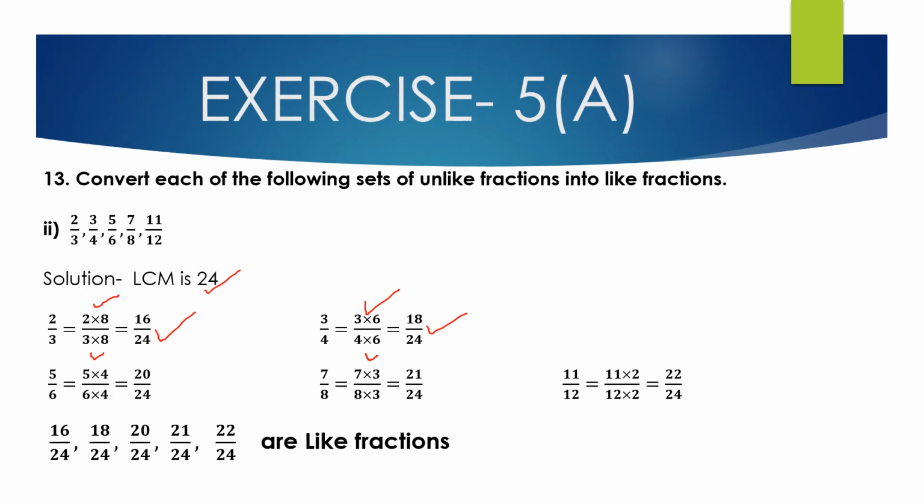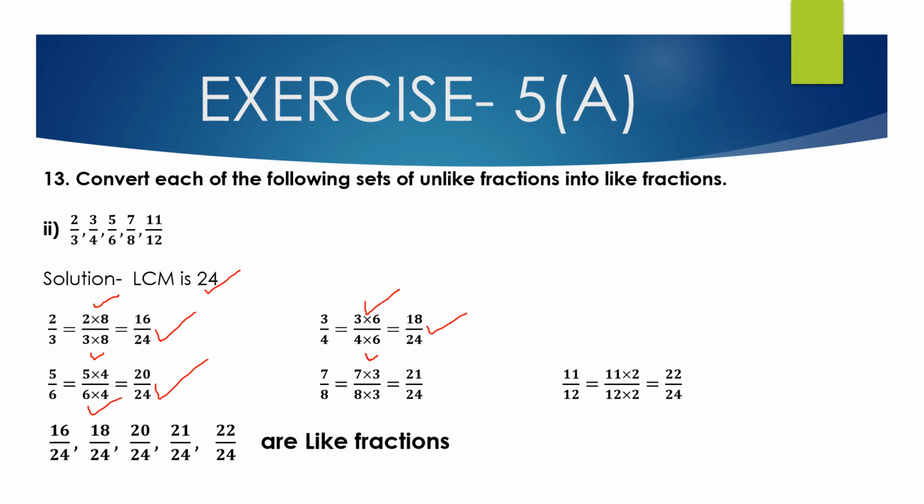So multiply 4 with the numerator 5 and with the denominator 6. So we get 5 multiplied with 4 is 20 and 6 multiplied with 4 is 24. So we get 20 divided by 24, and 20 divided by 24 is the equivalent fraction of 5 divided by 6.